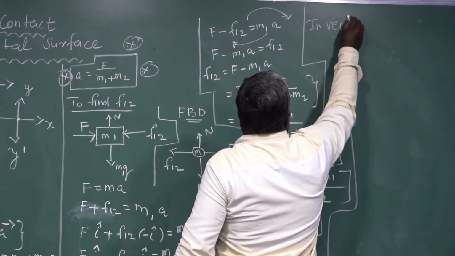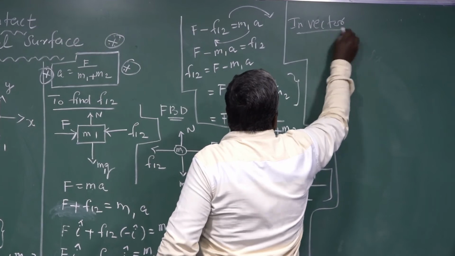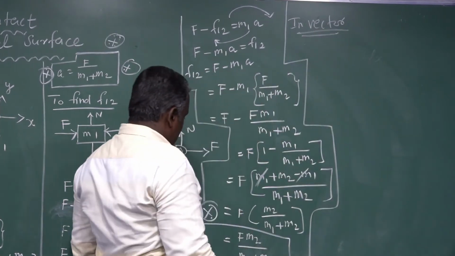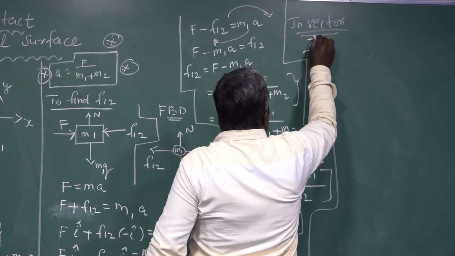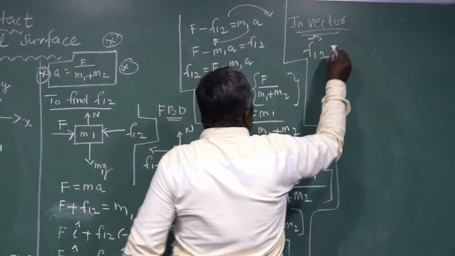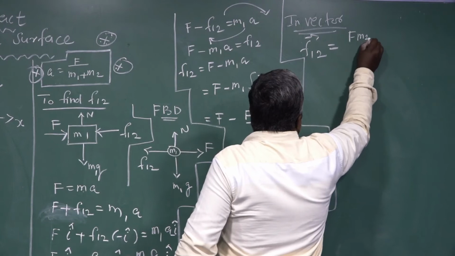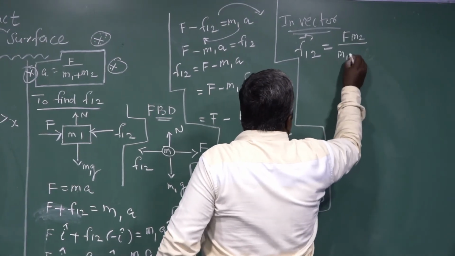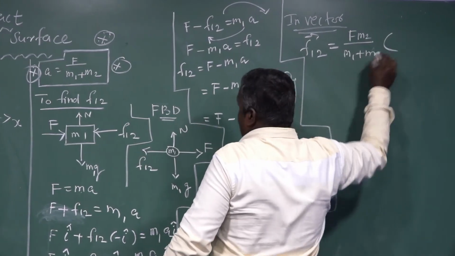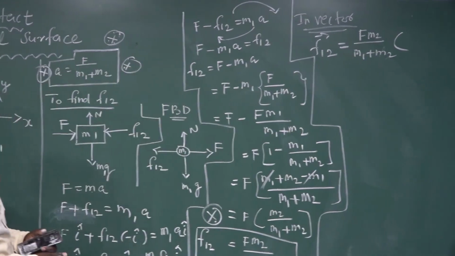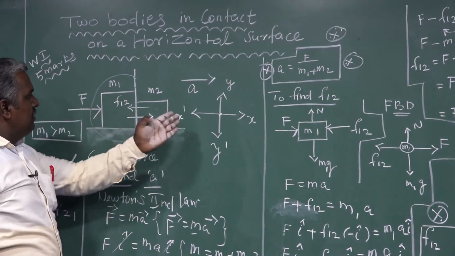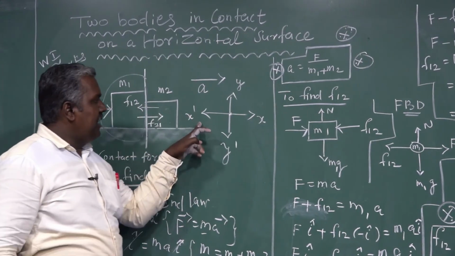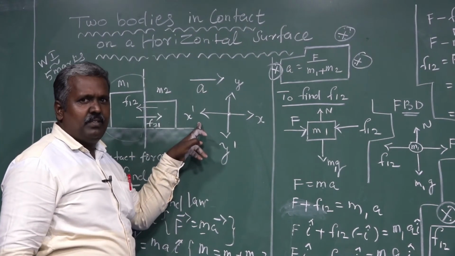In vector notation, F12 vector is equal to F M2 by M1 plus M2, but along, see this diagram, along negative x direction.